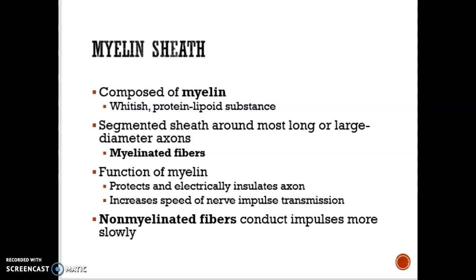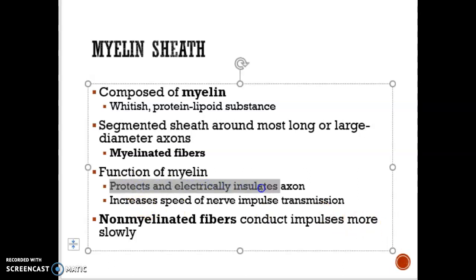You'll notice these are protein lipid substances that segment themselves or create this insulated sheath around the outside of the axon or around the outside of the cell itself. And so what they're doing is they're trying to protect and electrically insulate the axon. Pretty simplistic, right? We're protecting and taking care of the axon itself.